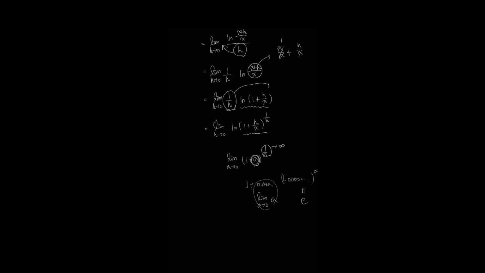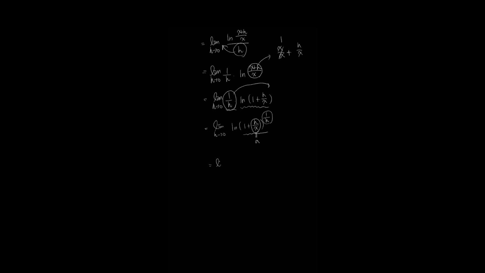So if it goes to 0, we need to reverse it here so that we can make it go to infinity. So let's say this is a, right? And we want a reverse form here.